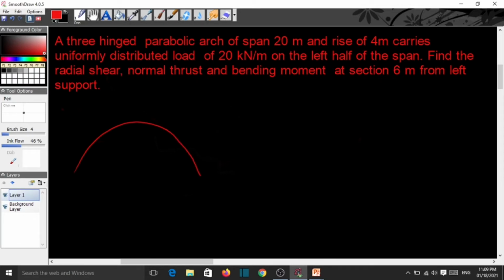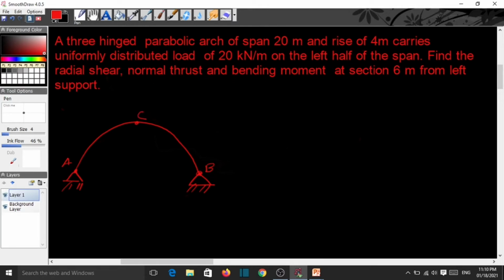This is the left support, this is the right support, and this is the third hinge. The first hinge you add here because of hinge support. This is the support hinge A, B and the C.